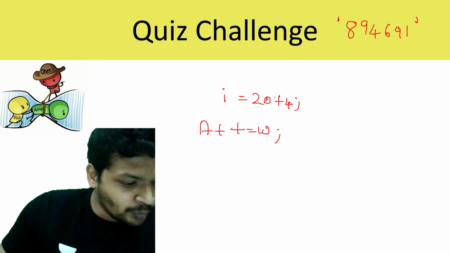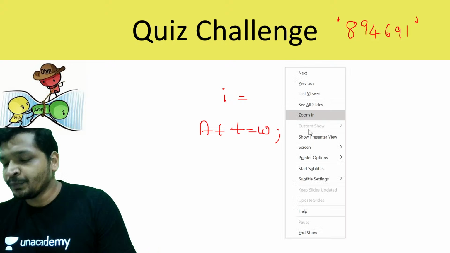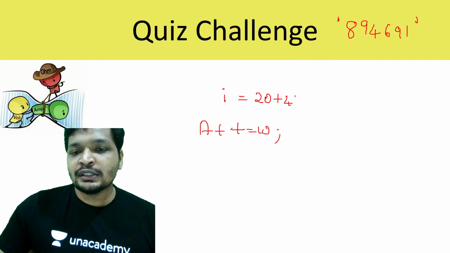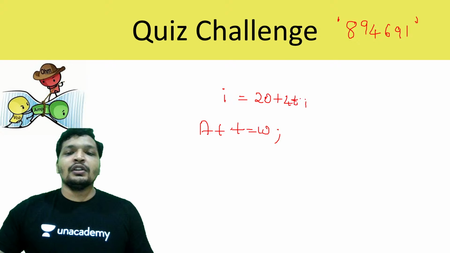What is this? 20 plus 40t. How would you do this? It is a math based concept. What is the concept involved in this? I'm not going to say the concept all the time. You need to know the concept. The concept is going to be I is equal to dq by dt, integrated on the other side.